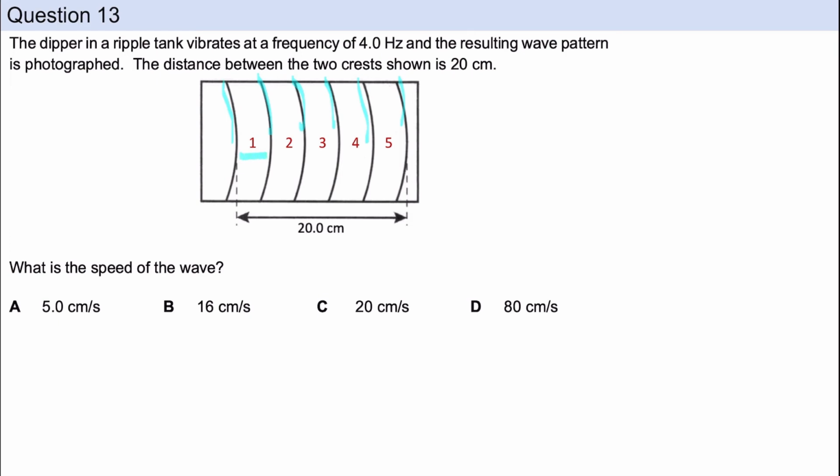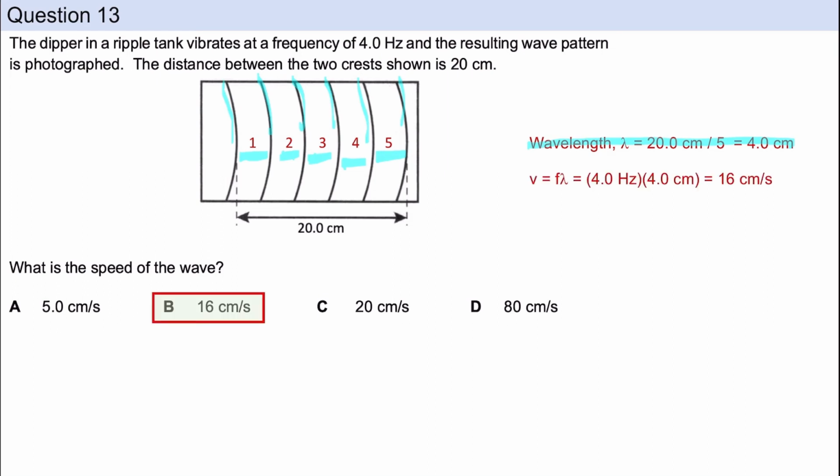So over here we have 1, 2, 3, 4, 5 wavelengths. The wavelength of this wave will just be 20 cm divided by 5, which is 4.0 cm. Using the wave equation v = fλ, 4 Hertz times 4 cm gives us 16 cm per second.